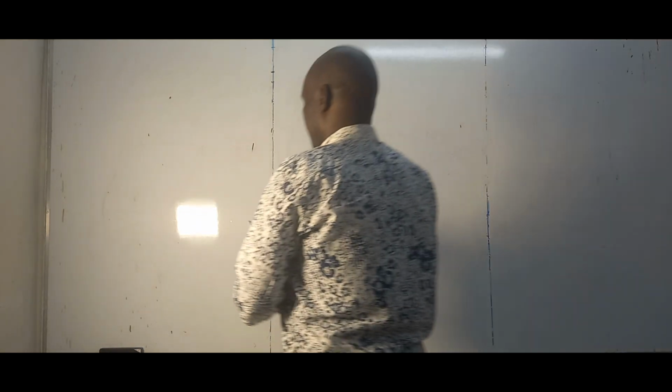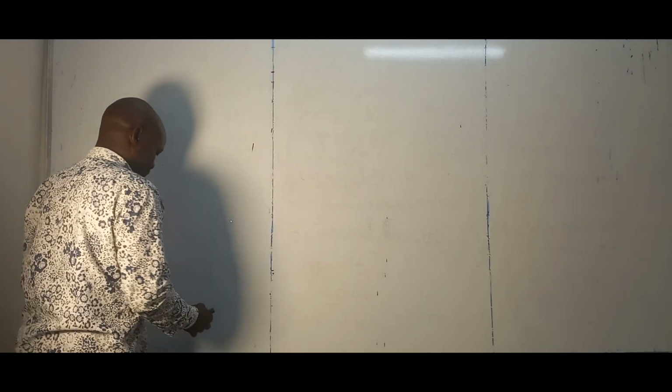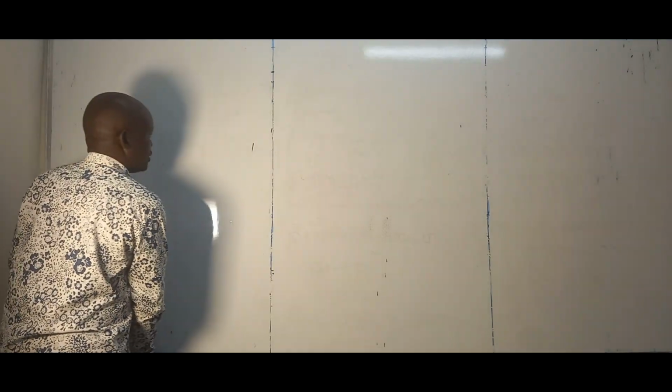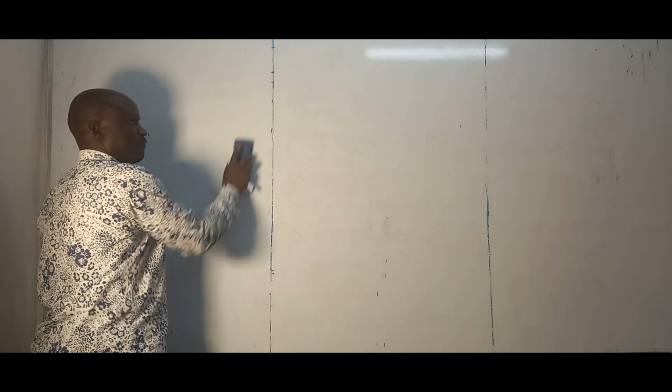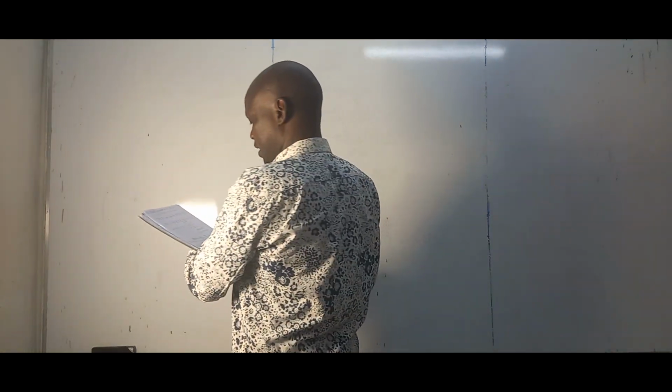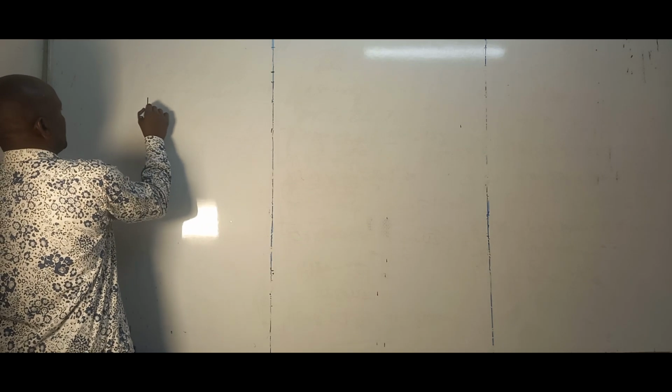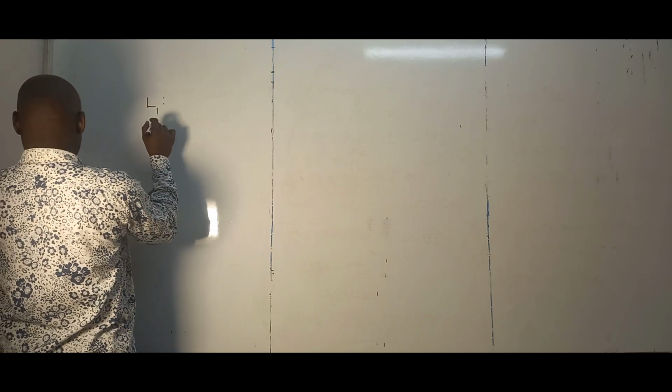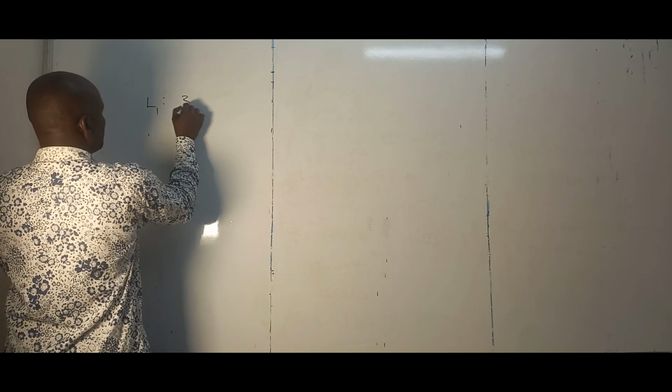Now, the question, as you have seen: a line L1 passes through the points (3, 3) and (5, 7).